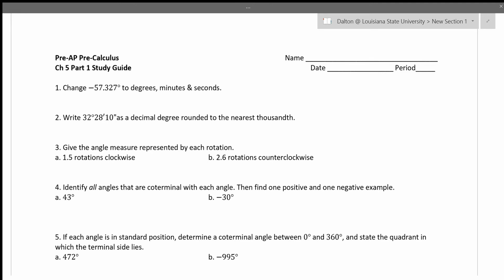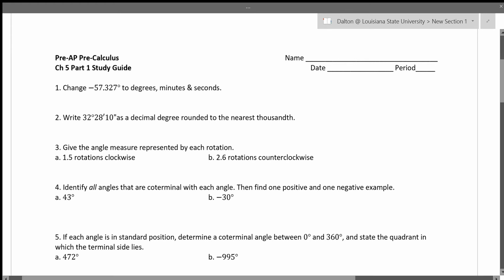I have decided that your test is going to be all calculator based, so you will be able to use a calculator for questions 1 and 2 here. For number 1, if you're going to change this from degrees to minutes and seconds in your calculator, remember that you're just going to hit second angle. And then under number 4, it's going to say DMS.